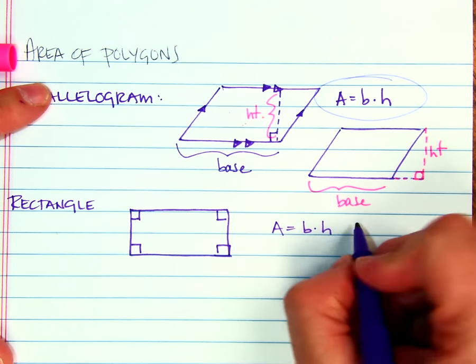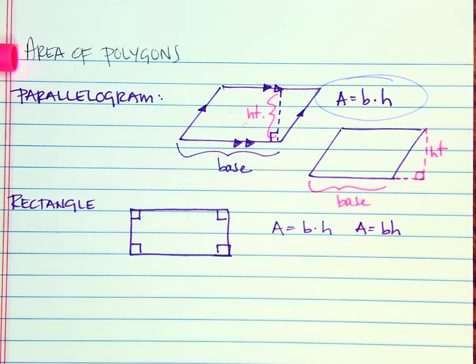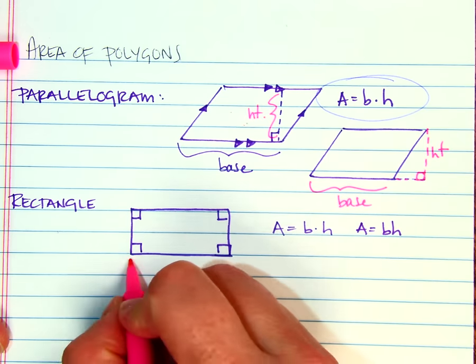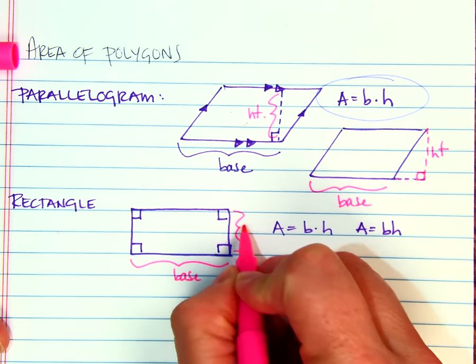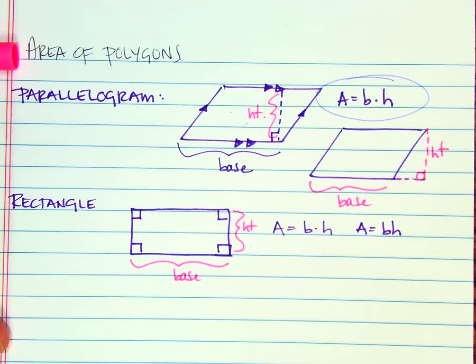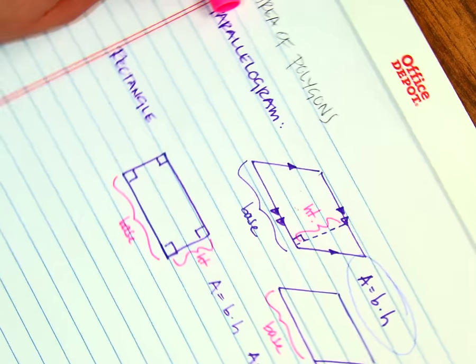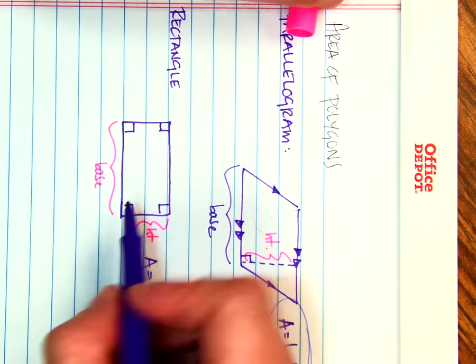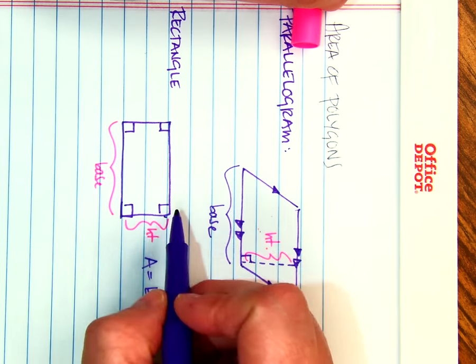A lot of times you will see it as BH, just no multiplication sign in there. So same thing. This could be my base, and that is my height. Or if you think about it the other way, I could turn my paper, and then this would be my base, and this would be my height.